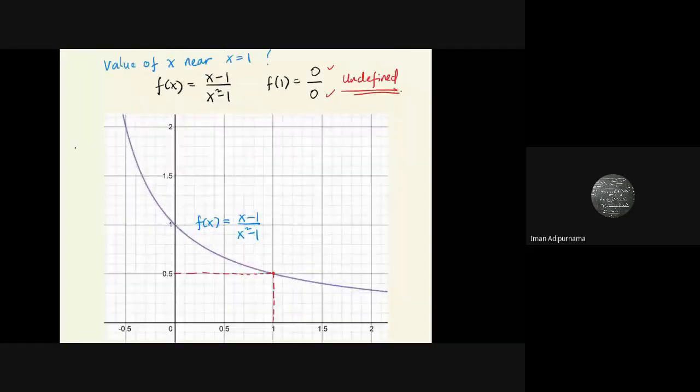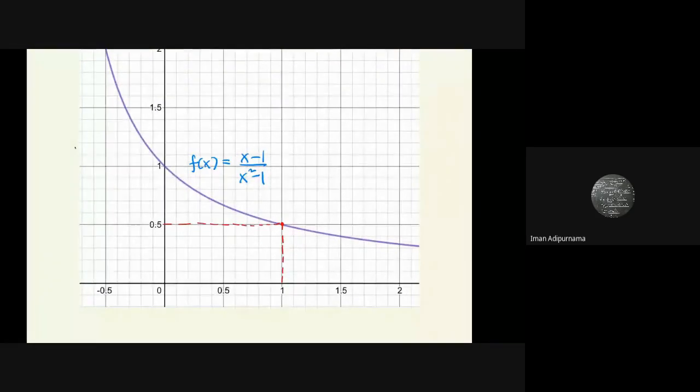But let's see our graph here. If we are dealing with x equal 1, we go from the right to this point, and we go from the left to this point.